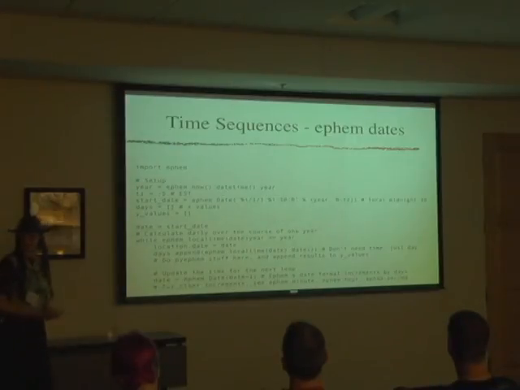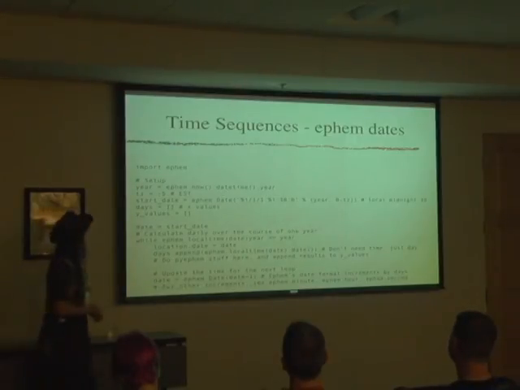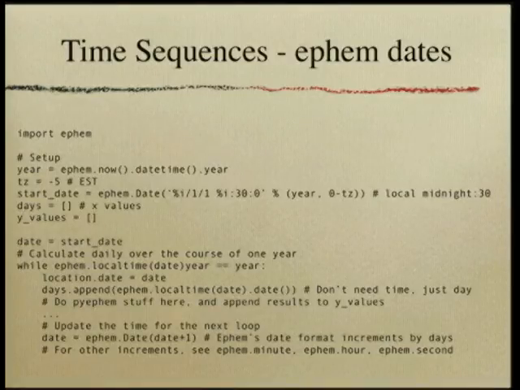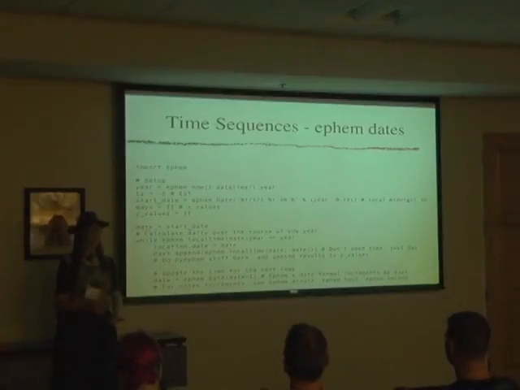And if I'm using just the PyEphem module, you do ephem.now, that's easy. And then you make your start date, and in PyEphem you can input dates as strings, and it's year, month, day, hours, minutes, seconds, very standardized time format. I was doing this plot over a year, and I was plotting each day.